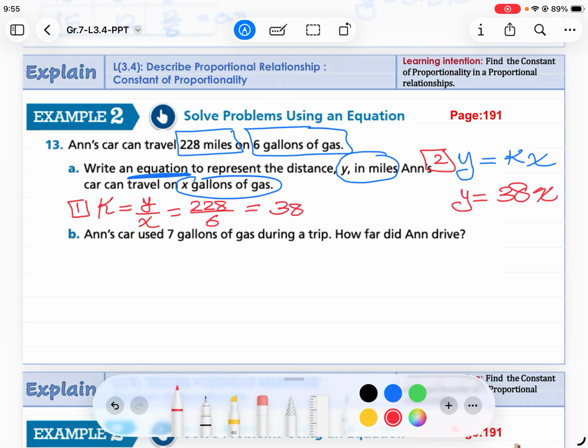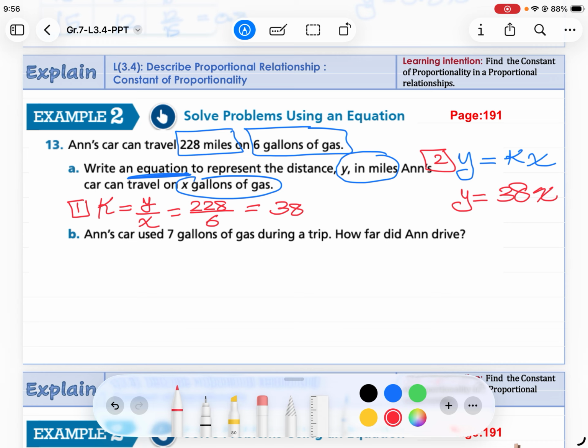What if Anne's car used 7 gallons of gas during the trip? How far did Anne travel? How far did she drive? This is the part where it helps us in real life, because they could be asking you for 100 gallons, and you can't just keep on counting forever. You need an equation, you substitute the value and you get your answer directly.